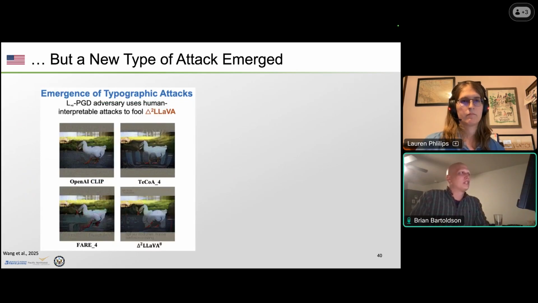Something interesting happened when we started red teaming our robust model. While it is robust to the types of red teaming I showed on the prior slide, if you run that automated red teaming for a longer period of time on our model, which is in the bottom right, you start to see what we call a typographic attack. I hope you can see this because it's really cool, and if not, maybe you can check out the paper.